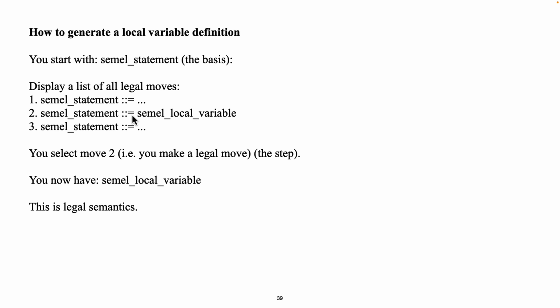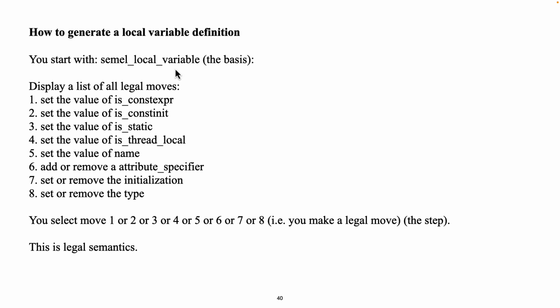Statements can be replaced by many things, including a local variable definition. So Semel statement becomes a Semel local variable. That's legal. Semel local variable is a terminal. It's not a non-terminal. It cannot be replaced, but its attributes can be changed, all of which are legal semantics.